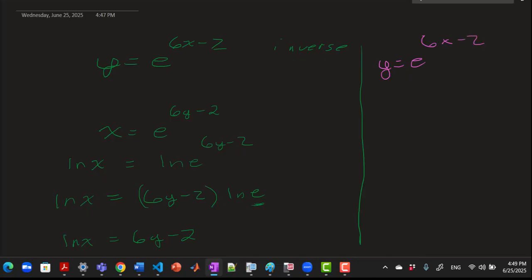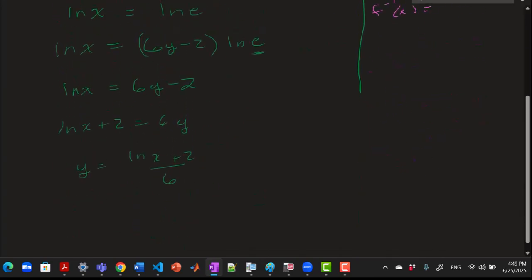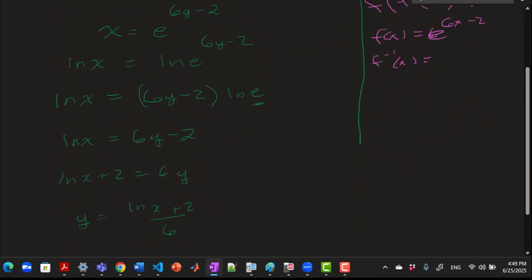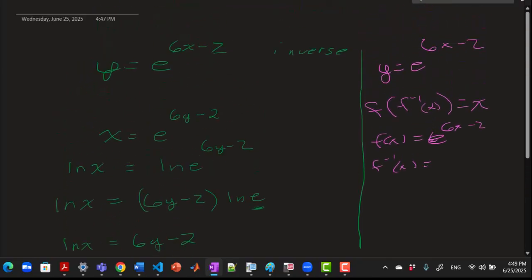If it is the inverse, f of f inverse of x should equal x. So I'm saying y is, or f of x, is e to the 6x minus 2, and I'm claiming that f inverse of x is natural log of x plus 2 over 6.